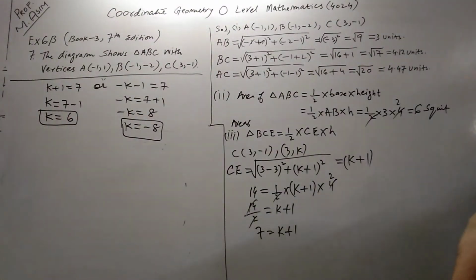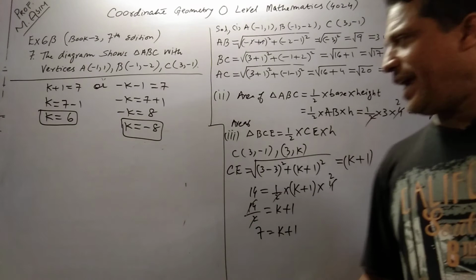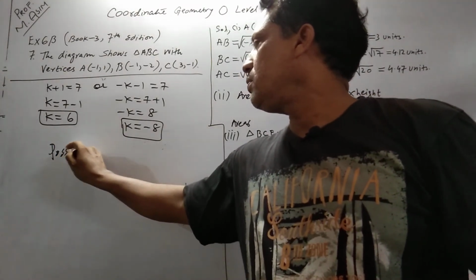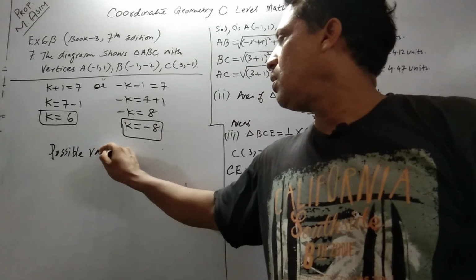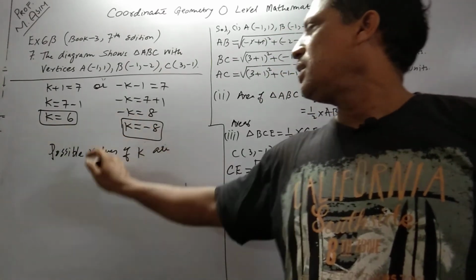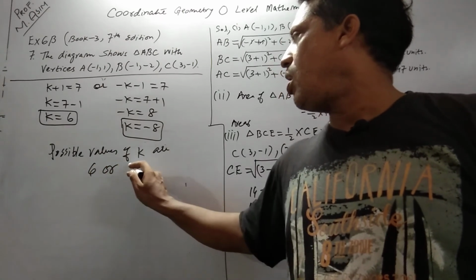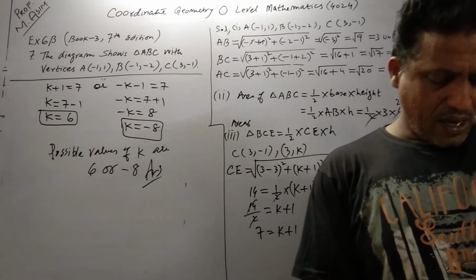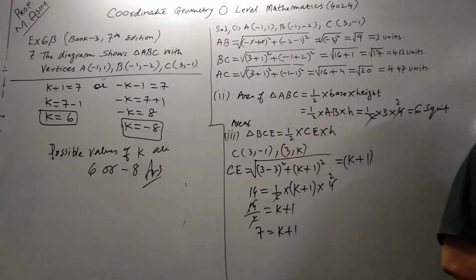Hence the possible values of k are 6 or minus 8. This is our answer. I hope you understand the whole concept of this.